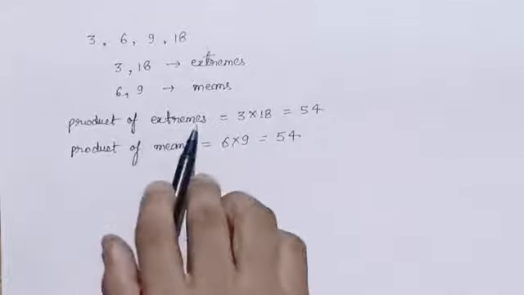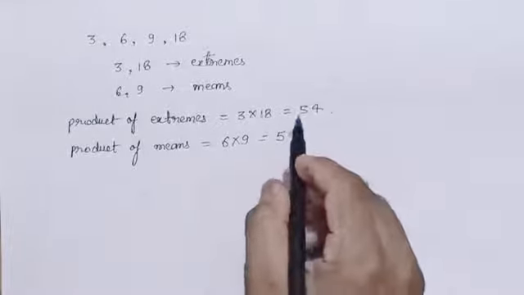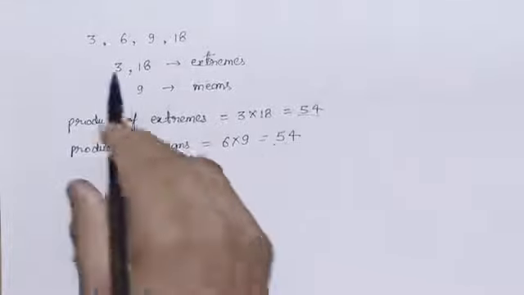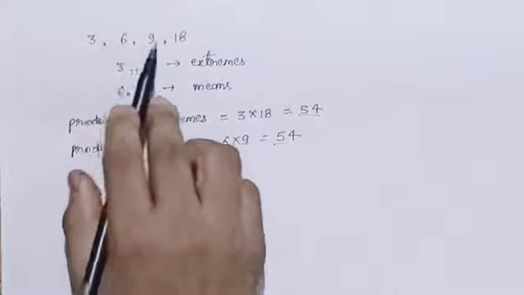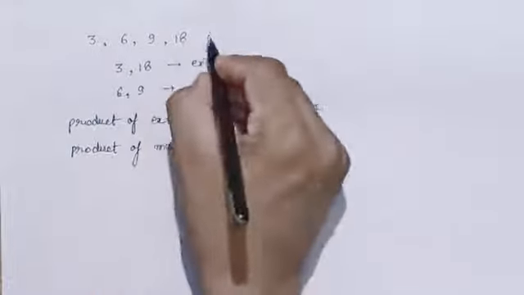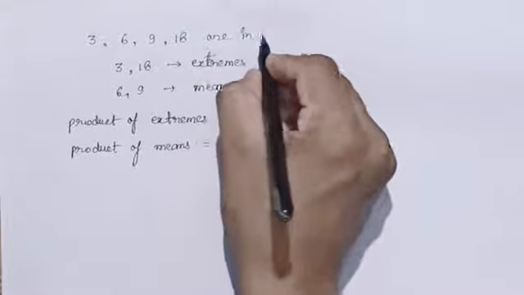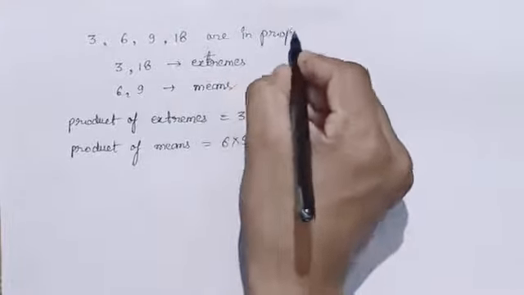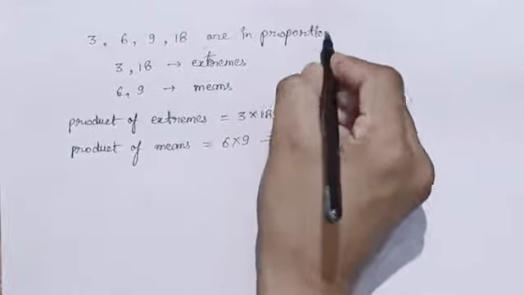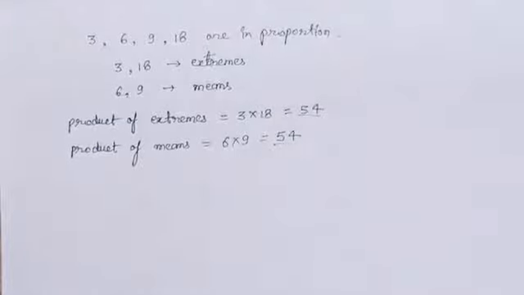Hence the product of extremes and product of means are equal, that is 54. Hence we can say the given numbers 3, 6, 9 and 18 are in proportion. So this is the condition for the given numbers being in proportion.